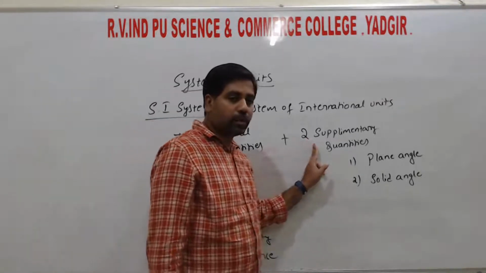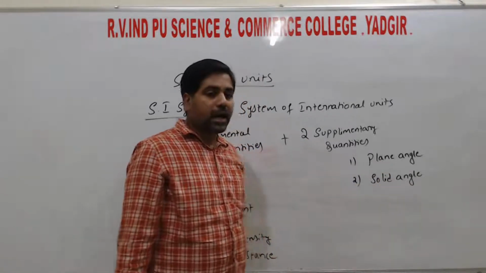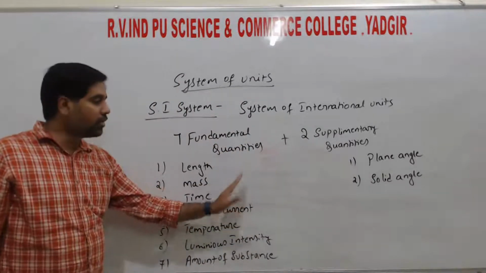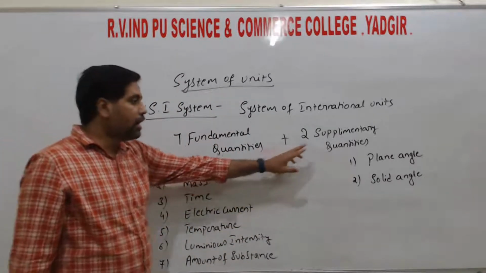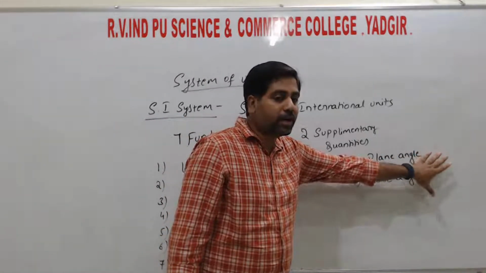Along with these seven, we have two supplementary quantities: the first is plane angle, and the second is solid angle. So if we have fundamental quantities, we also have fundamental units, and since we have supplementary quantities, we also have supplementary units.